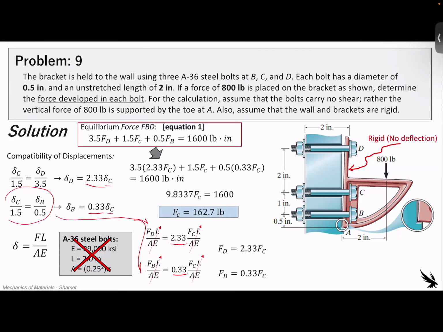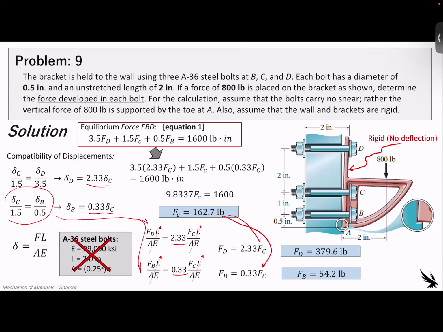Show the math out there. We have a force in our C bolt in that middle one of 162.7 pounds. And once we have one, we plug that back in here. We plug that back in here, and we can find the force in the D and in the B. Boom. Isn't that cool?